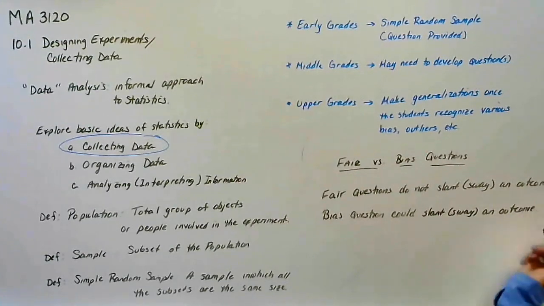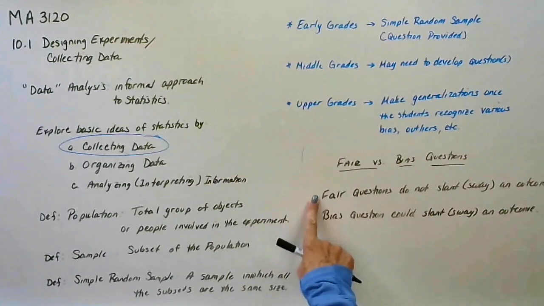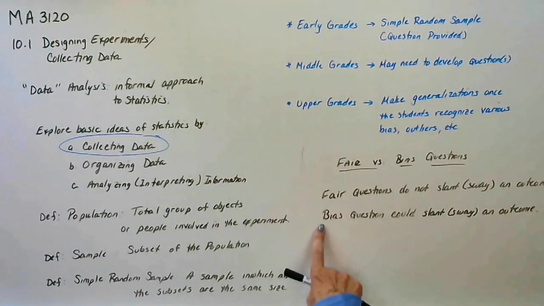Now let's think about how this might work with an elementary school child's thinking. A fair question might be, what is your favorite ice cream flavor? Simple, direct, you don't make an expression, you just ask the question. A biased question could be, oh, last night, man, I had some chocolate chip ice cream, it was fabulous.